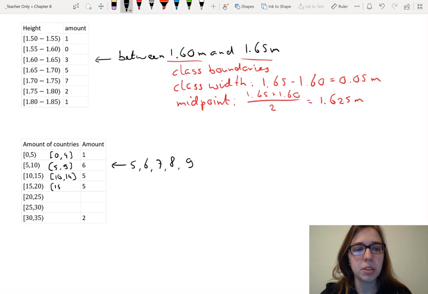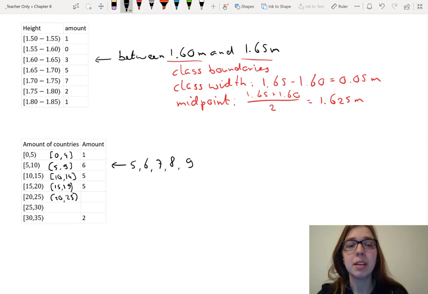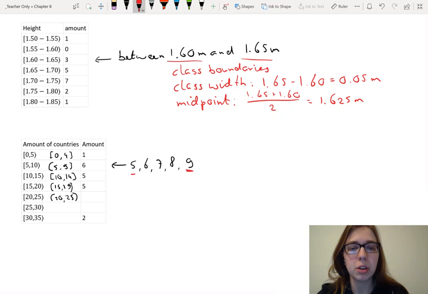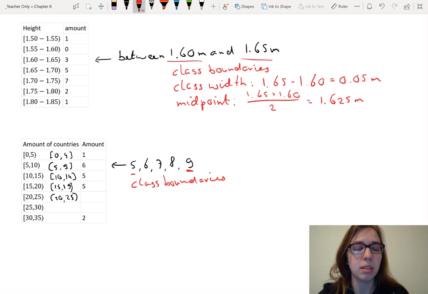And this also means something for our boundary points, for our class boundaries. Well, I think the idea is clear, because really my class boundaries here are those numbers, the lowest possible number, 5, and the highest possible number, which is 9. Which also means that my class width is not the difference between 5 and 10, even though it looked like that.